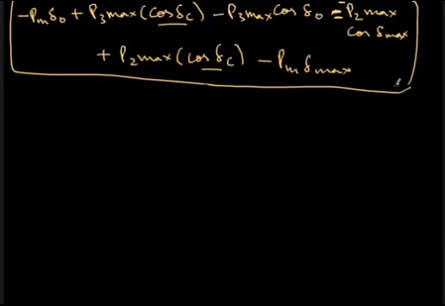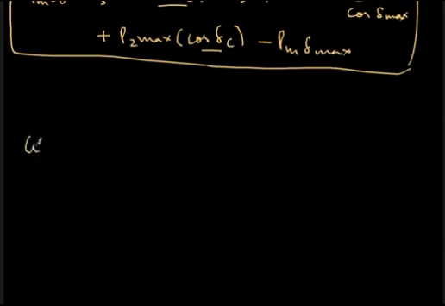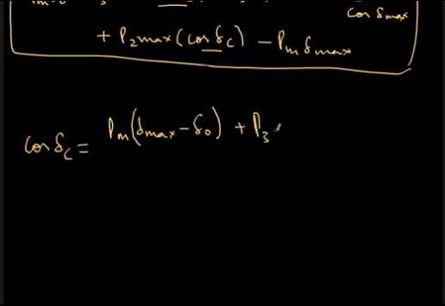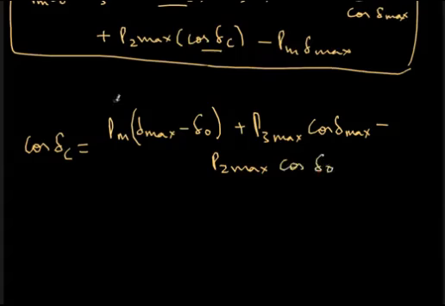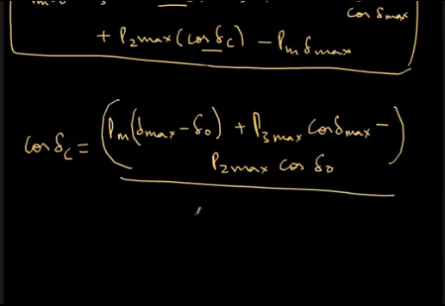So the final expression I'll get: cos of delta C should be equal to Pm into delta max minus delta naught, plus P3 max cos of delta max, minus P2 max cos of delta naught. So this whole thing divided by P3 max minus P2 max.